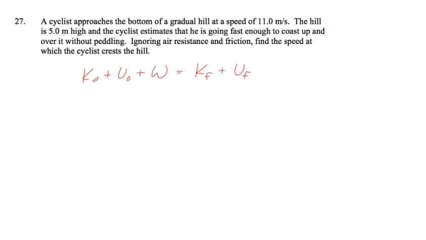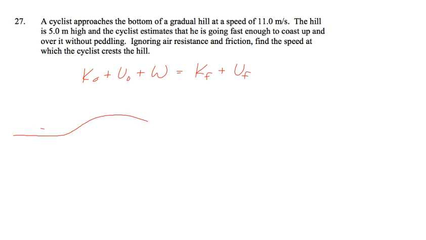So if I read the problem, it says a cyclist approaches the bottom of a gradual hill at a speed of 11 meters per second. The hill is 5 meters high, and the cyclist estimates that he is going fast enough to coast up and over it without pedaling. So as far as the picture goes, I probably have it so it looks like this, and go up and over it.